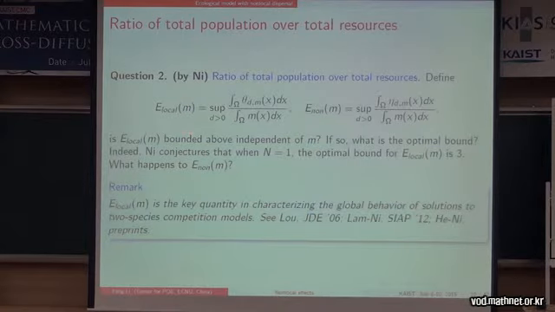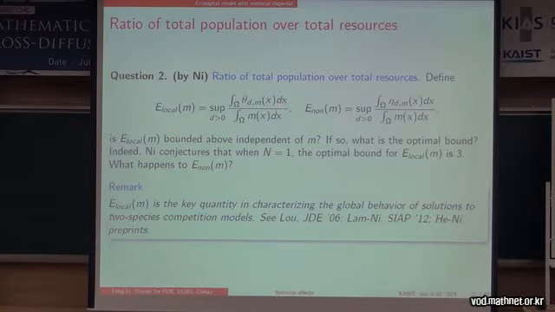Another question, also related to that graph. It's about the ratio of total population over total resources. Let's define this term: total population over total resources. We know this is always bigger than 1, and when d goes to 0 or d goes to infinity, it approaches 1, right?